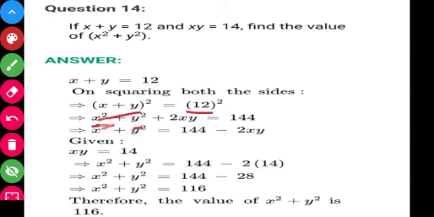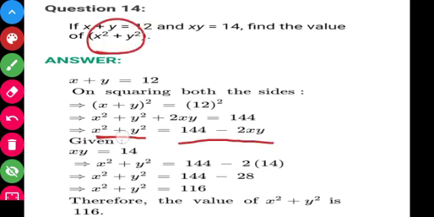This will be a square plus b square plus 2ab, that means x square plus y square plus 2xy is equal to 12 square, that means 144. So this implies x square plus y square is equal to 144 minus 2xy.